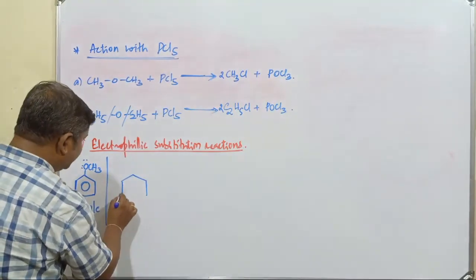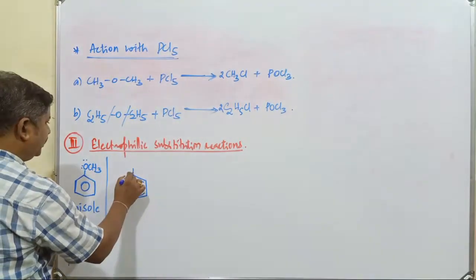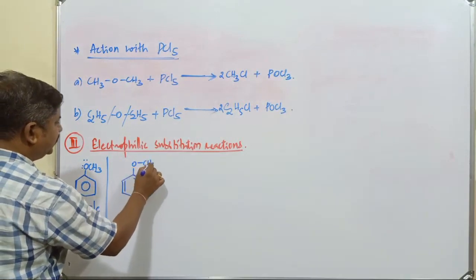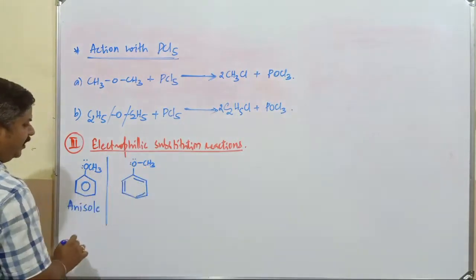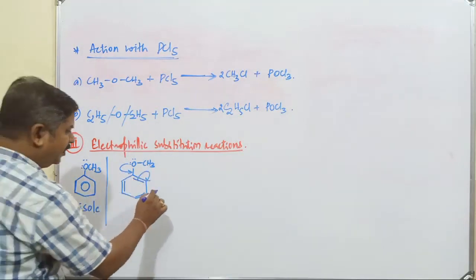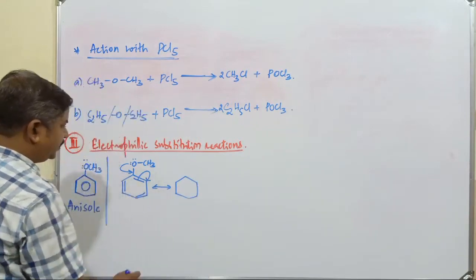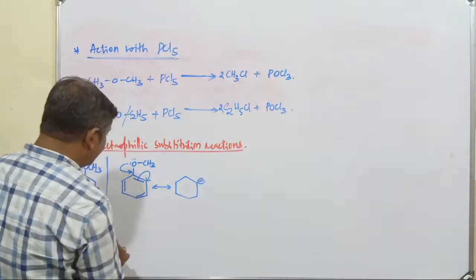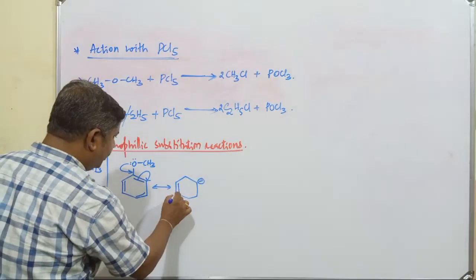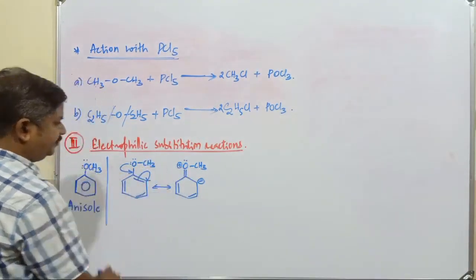If you read the resonance structures of this one, with double bonds in the ring, this is oxygen, CH3, with a lone pair of electrons. Now these electrons are involved here, forming a negative charge on that carbon atom. So in the next structure, this is the negative charge, double bonds, oxygen and CH3 with a lone pair and a positive charge.